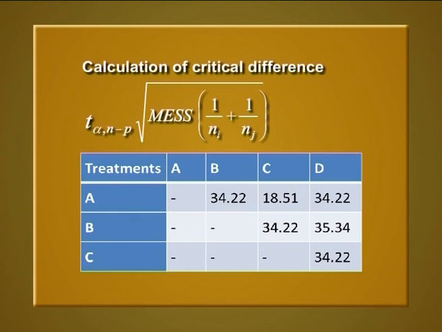Compute all the absolute differences y bar i dot minus y bar j dot. Calculate the critical differences using the formula as said above, t into root of mean error sum of squares into 1 by ni plus 1 by nj. The values are given in the following table. Observe that the mean difference is significant at 5% level for the pairs A and C, A and D, B and D, and C and D. So, these pairs are significantly different.